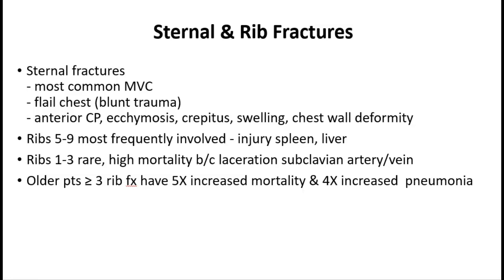So we used to, I say, kill them with kindness. We used to splint their rib fractures, and it would be very comfortable, but again, increased mortality. So now we don't generally splint rib fractures anymore. It's no longer recommended, but instead we need to make sure we're giving these people adequate pain control and encouraging that incentive spirometer, right? Even when they leave the hospital, they need to take it with them. They need to keep doing it at home.